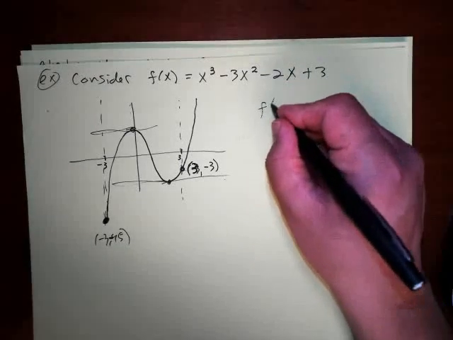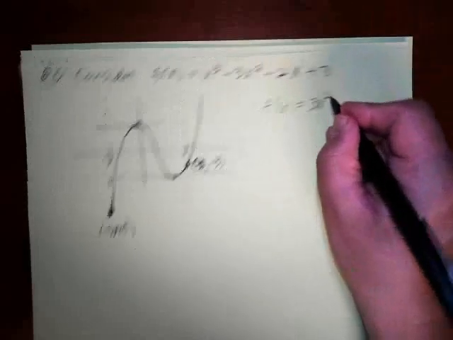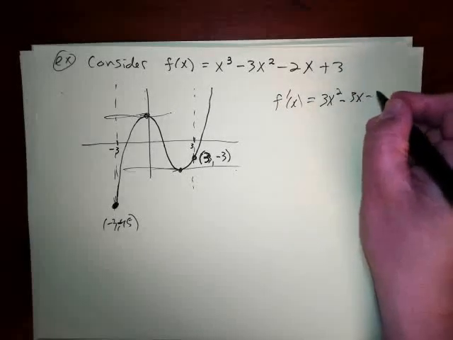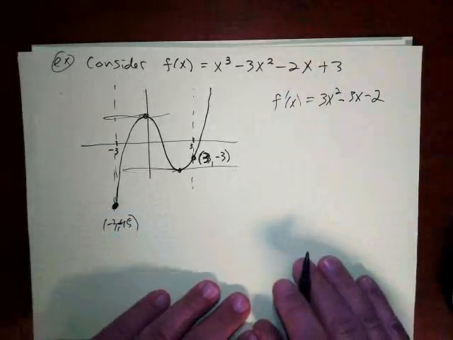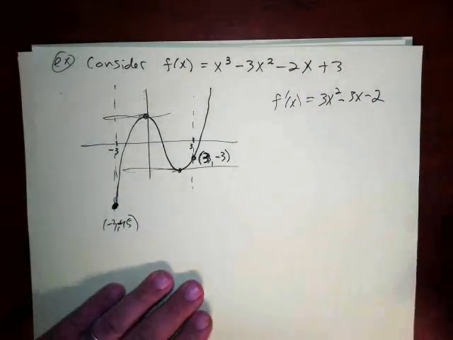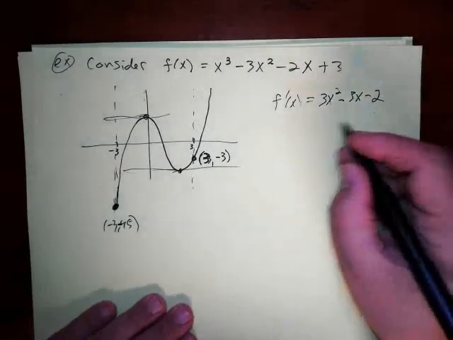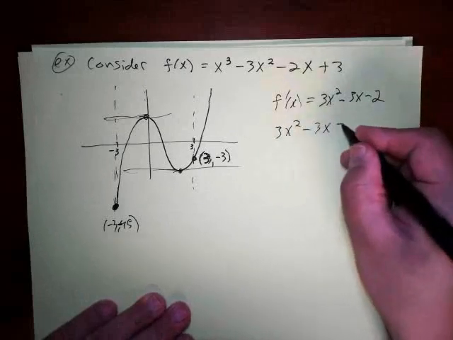If I take the derivative here, I'm going to get 3x squared minus 3x minus 2. So I get this function for my derivative, and now I set that equal to 0.